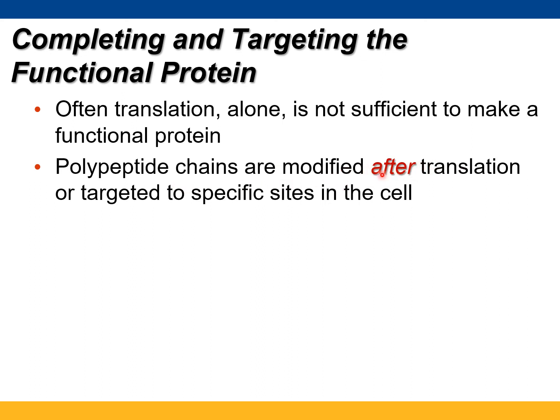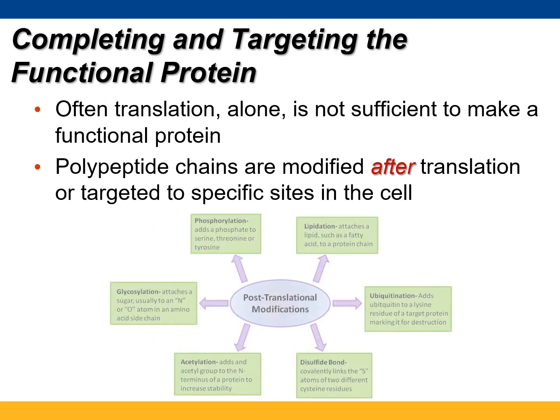And after they've been completed, they may be targeted. They may have special sequences inside the amino acid sequence that target them for specific locations, maybe out of the cell or in a cell membrane and so forth. And we could spend weeks, we could maybe spend a whole semester on just what we call post-translational modifications.